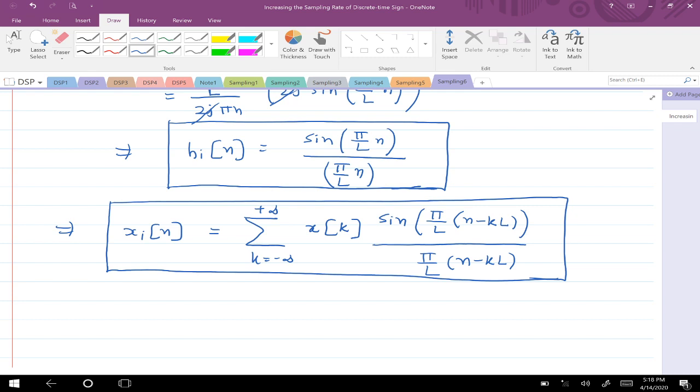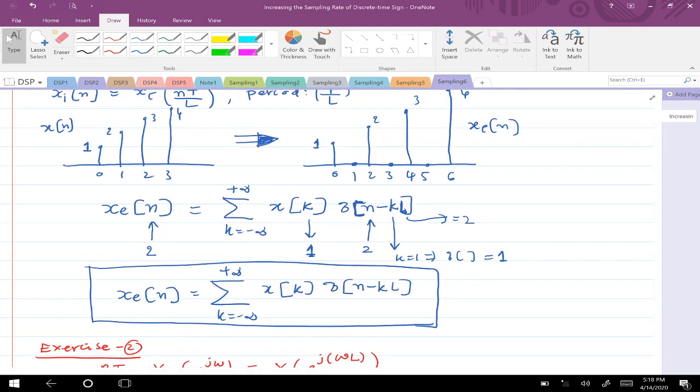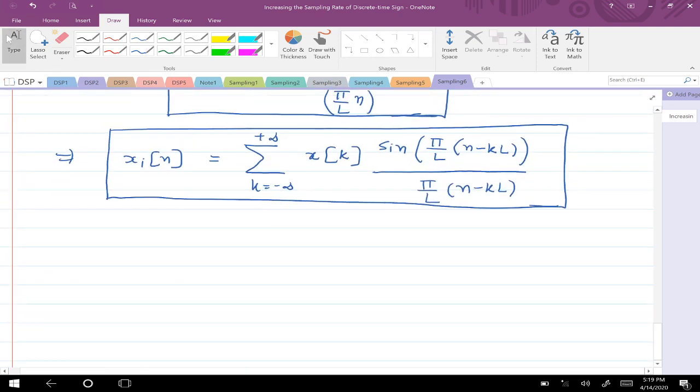Other sincs will not contribute anything here, because their values are 0 at all other integer multiples of L, so that keeps the values intact. Okay, while you are expanding, that ensures that its value is intact at, for example, 0, 2, but only in between. That's what it interpolates. Okay, that interpolation contributed by multiple sincs.